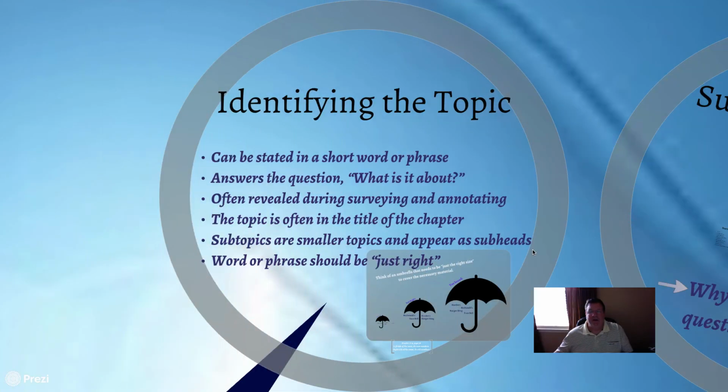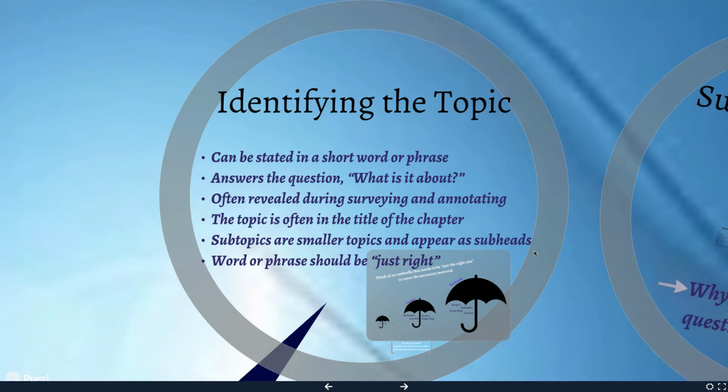So the first thing I want to look at is identifying the topic. The topic can be stated in a short word or phrase. It really answers the question, what is it? In other words, what is the reading, the paragraph, or the article really about?